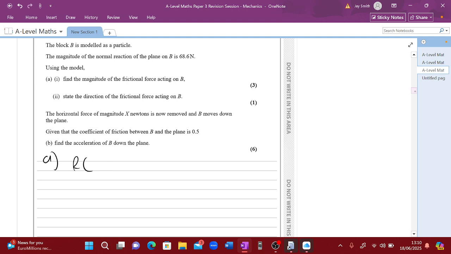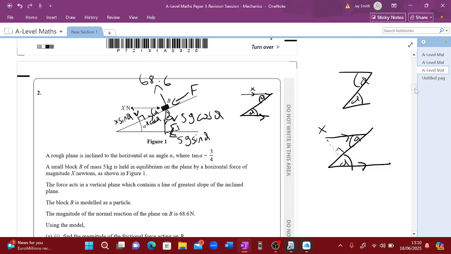So let's resolve. So we're going to go perpendicular to the plane. I'm going to note it like this. Okay, so I'm going to say resolve perpendicular. And so what are the perpendicular components if we have a look? So we want it that's going this way, and then the forces are going the opposite way. So what's going this way first of all?